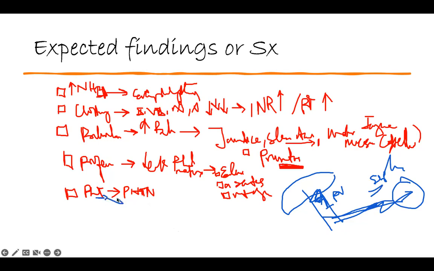So it may affect the level of platelets in the system. With fewer platelets, the patient will have bruising or petechiae. This is an expected finding.